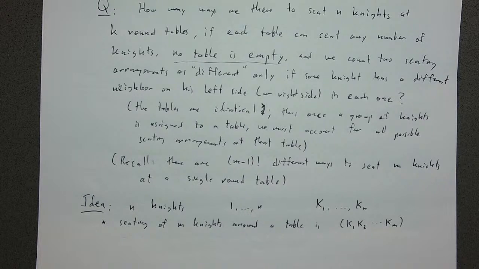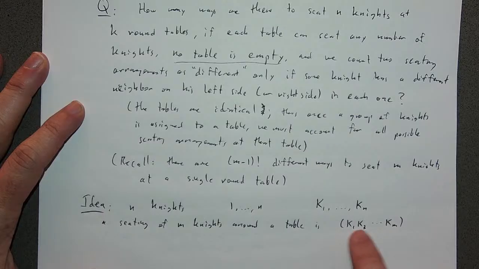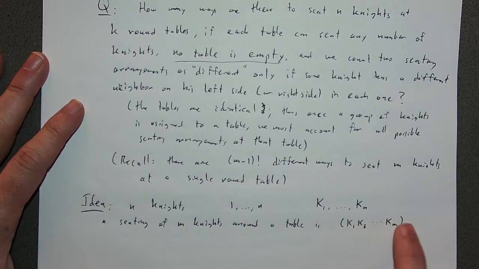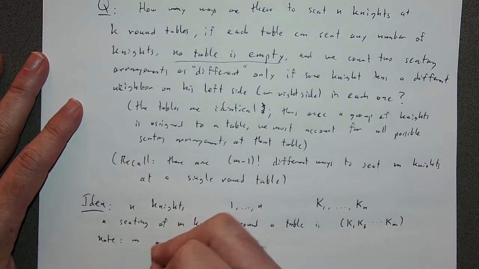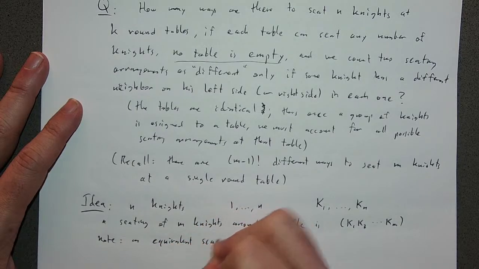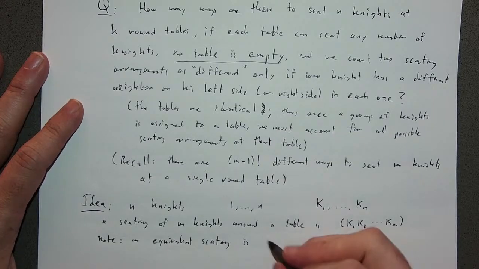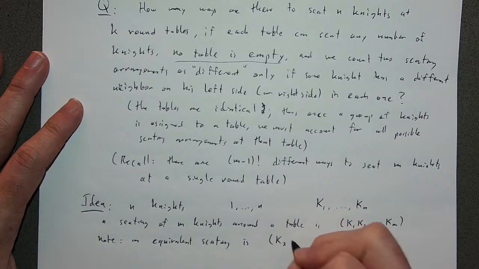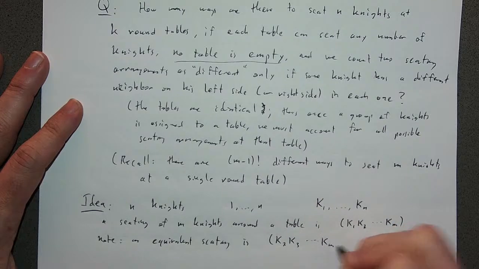Now, of course, using parentheses here to denote this seating, we're even baking in cycle notation here. Note an equivalent seating is the following. For instance, let's say I started with k sub 2 here, k sub 3, up to k sub m, and then k sub 1.